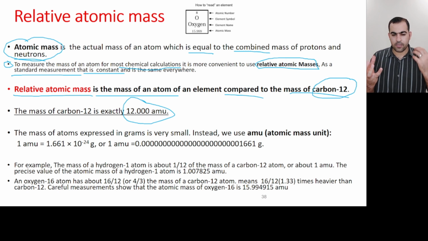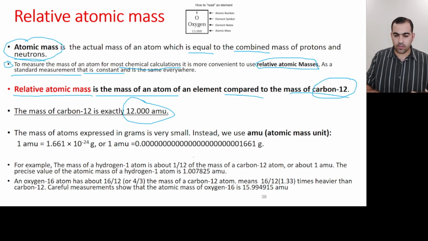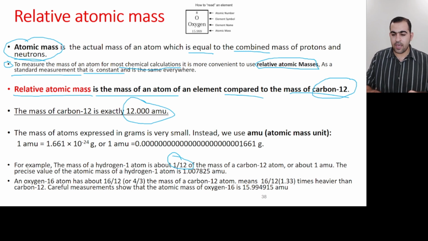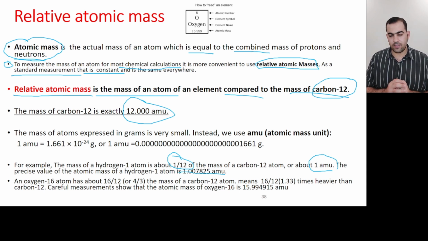When they compared the simplest hydrogen atom with carbon-12, it was 1/12 the mass of carbon-12, which means 1 AMU, or the precise value 1.007825 AMU. This is how they measured the mass of the isotopes.